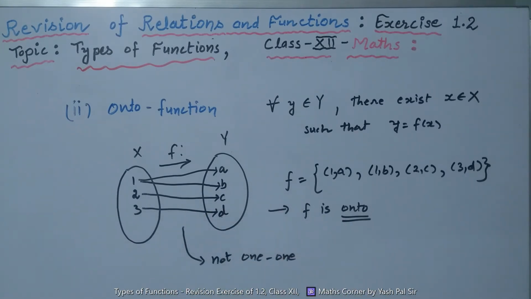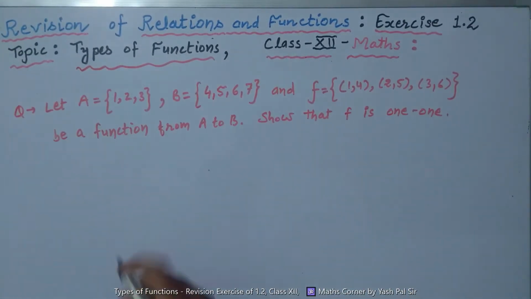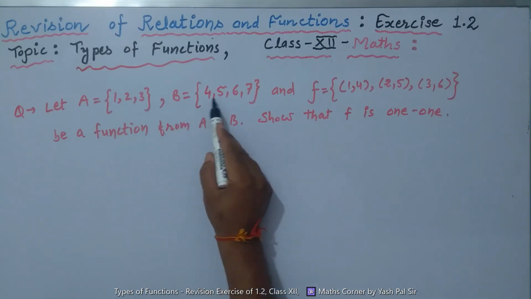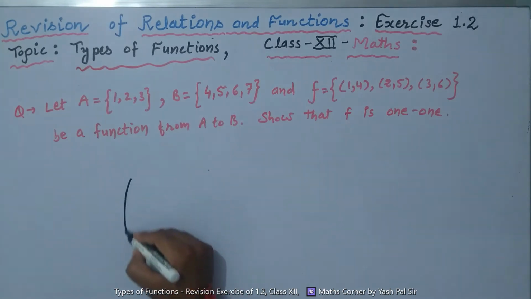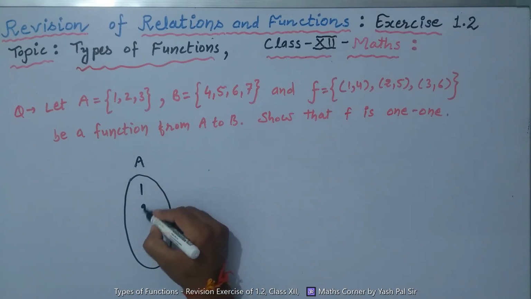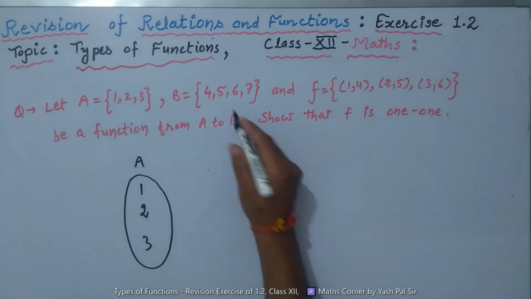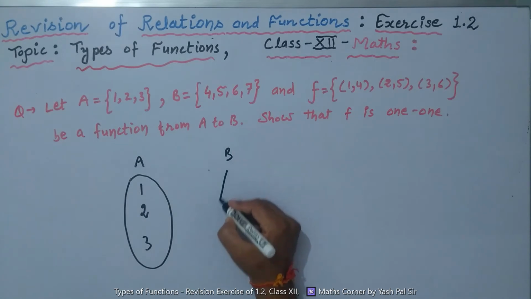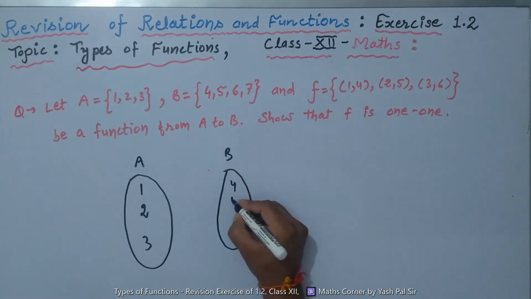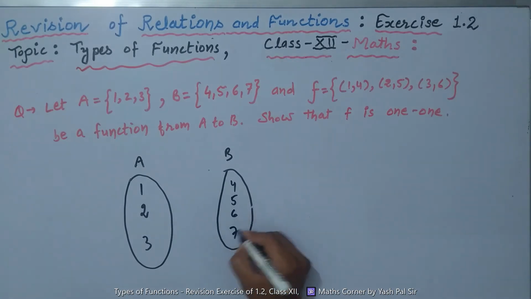So now let us discuss the questions. What is the question? Let A be the set {1, 2, 3} and B be the set {4, 5, 6, 7}.